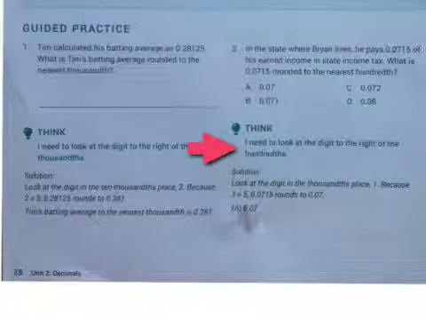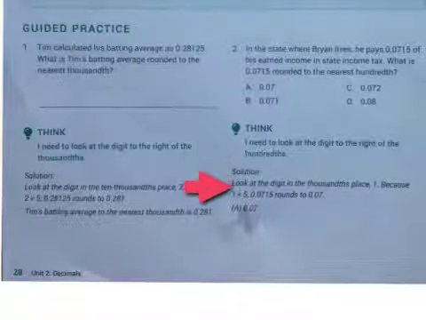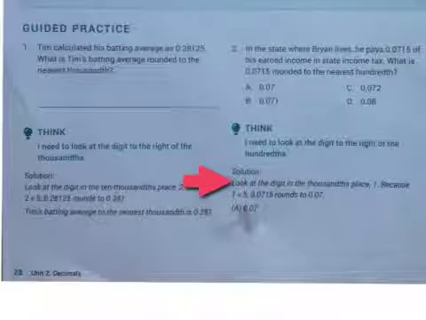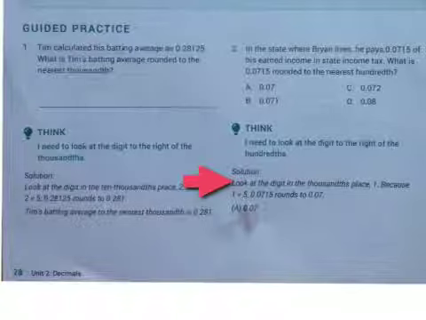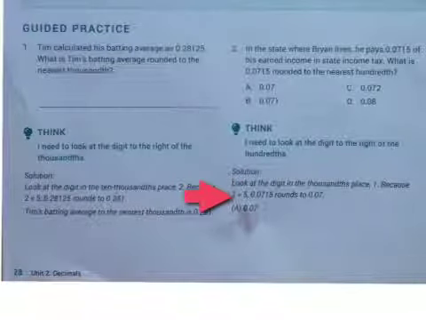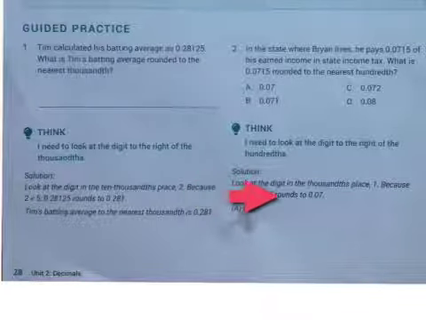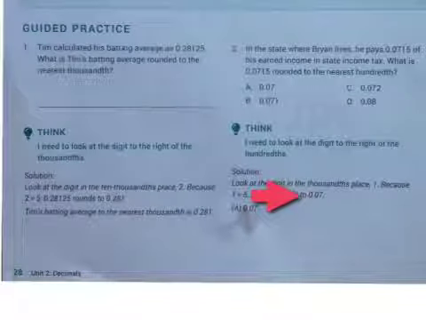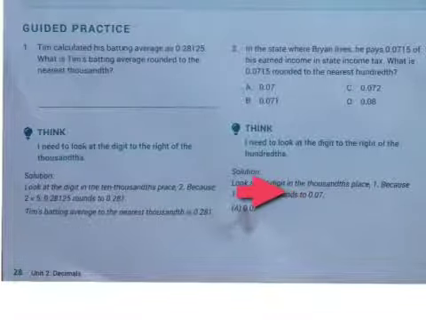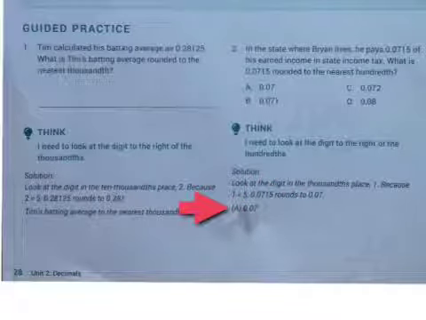I need to look at the digit to the right of the 100th. So we're going to look at the digit in the 1,000th place, and that is a 1. Because 1 is less than 5, 0.0715 is going to round to 0.07. So our answer is going to be A.